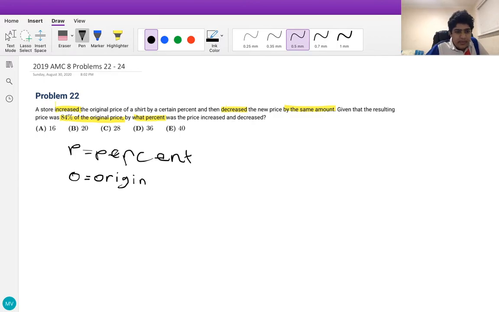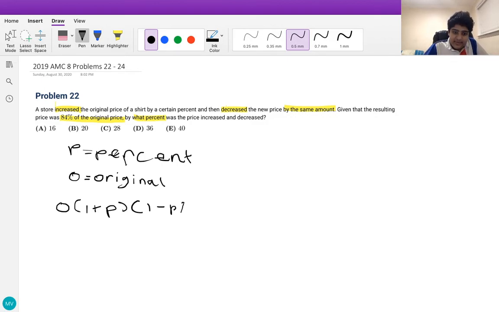So we have that the final price is going to be equal to the original price times 1 plus the percentage P, because that's what it means to increase the original price by a certain amount. And then decreasing it is 1 minus P, similar to increasing.